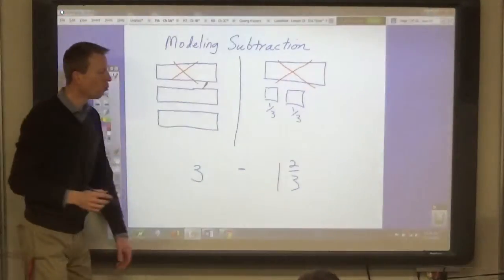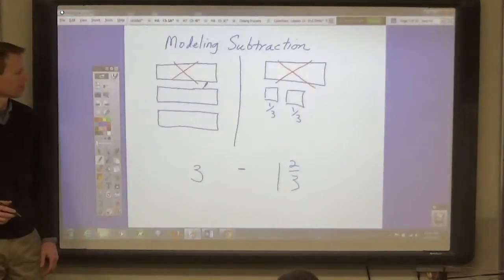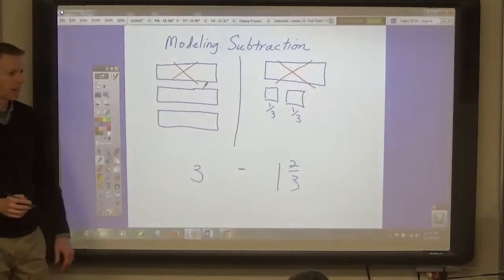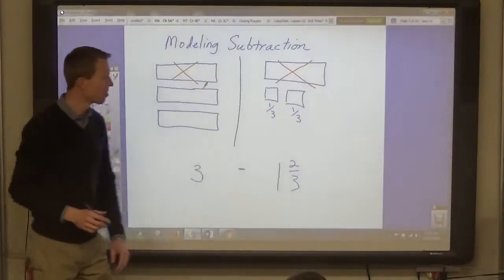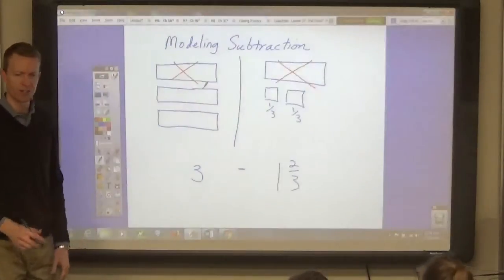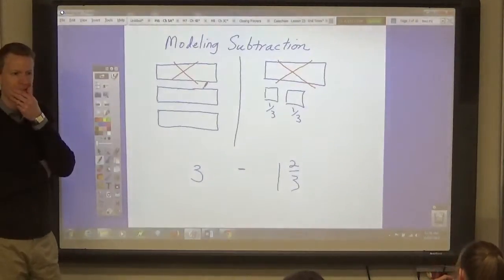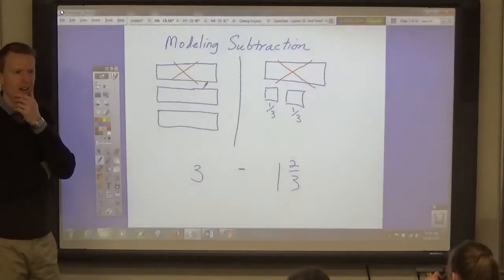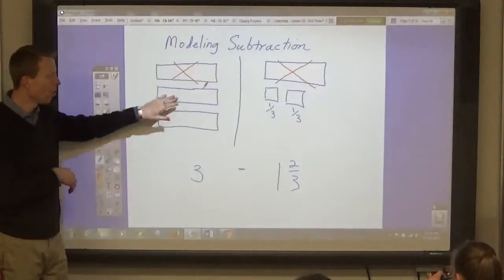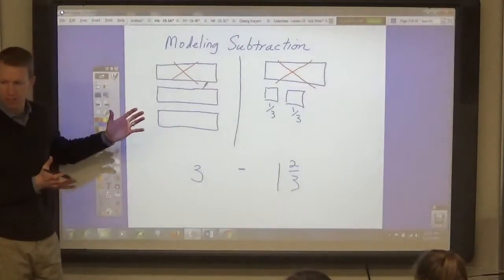That's taking away 1. And the thirds. We don't have any thirds over here. So what do we have to do? We have 2 wholes, but we don't have any thirds.